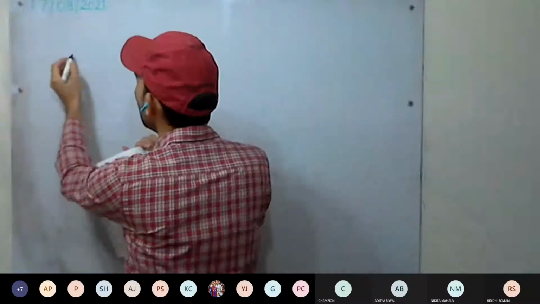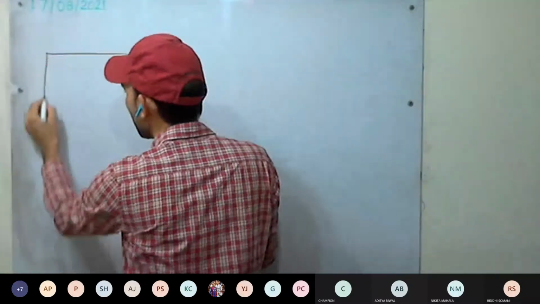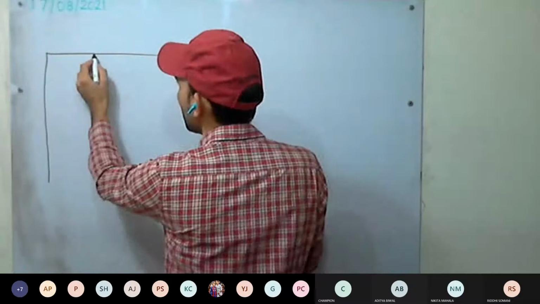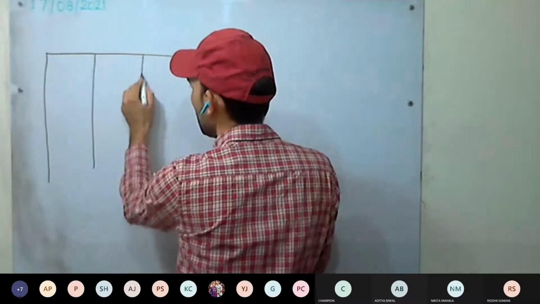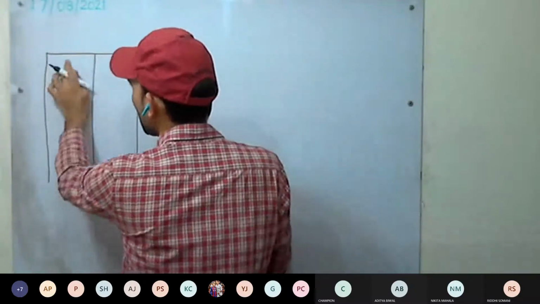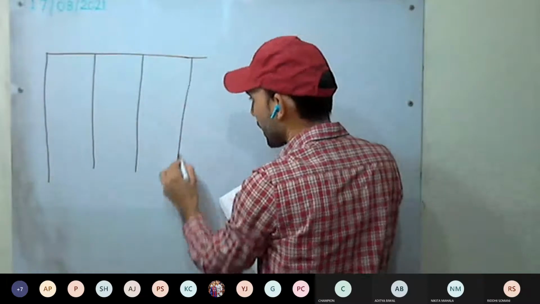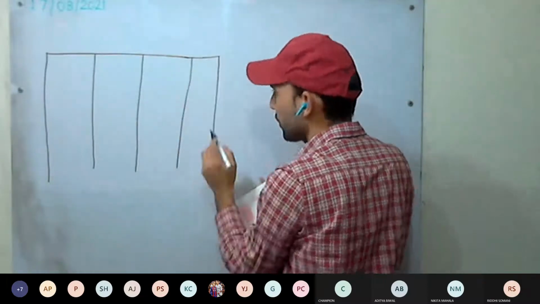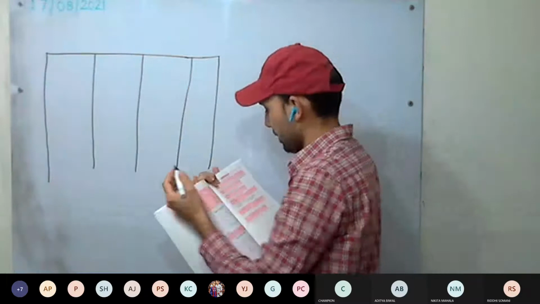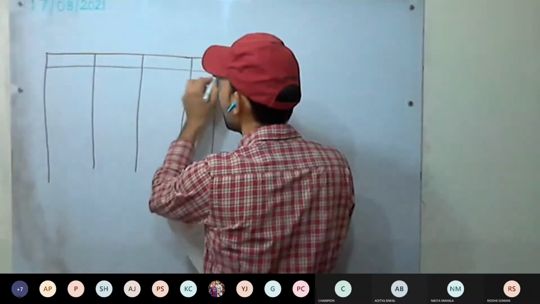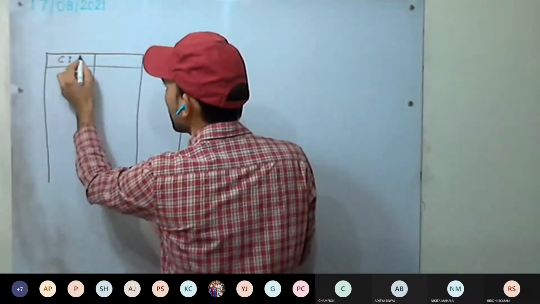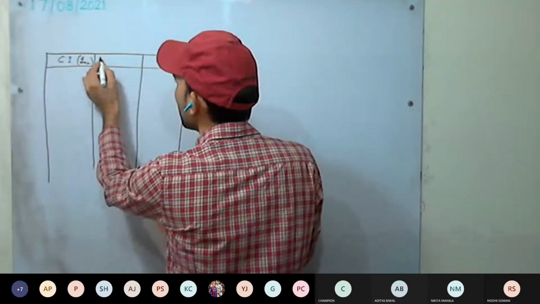So, class intervals. Make a table. Everyone make a table. These are the class intervals, inclusive, and exclusive we will make here. Then we require the class mark. At last, we require the frequency. Class interval, inclusive you may write.